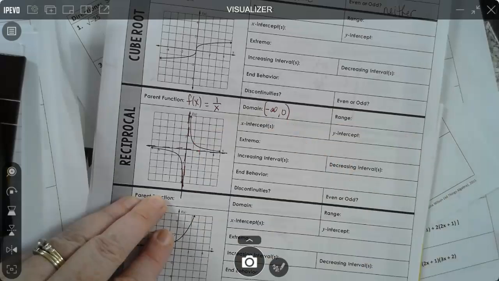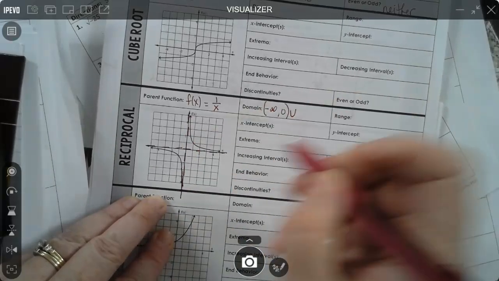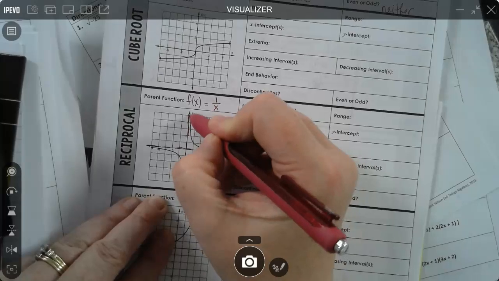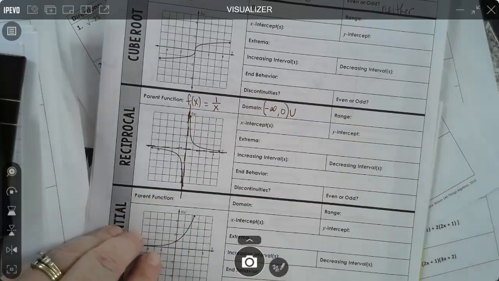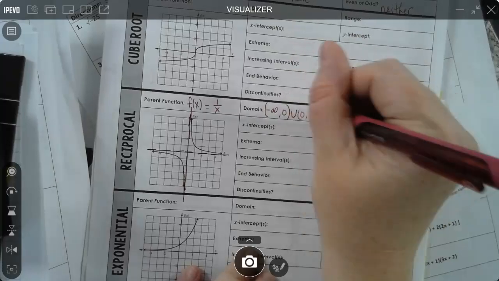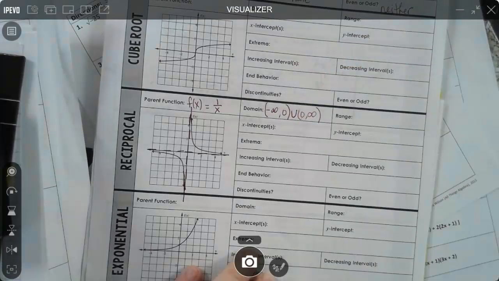I connect it with a U because then it picks up. Look, it hugs this side of 0. It's this very, very minute little line that sits here that it hugs on either side, but it can't actually ever touch it. So I leave out just 0 on my domain. Does that make sense?